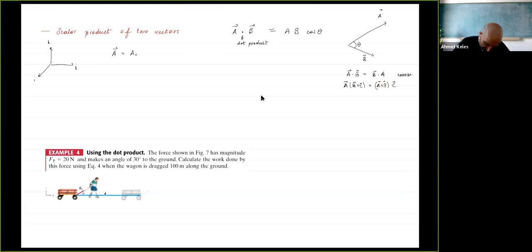Let's call it AX times I hat plus AY times J hat plus AZ times K hat. And for B, I want to write exactly the same thing: BX, BY, BZ times I hat, J hat, K hat. Okay.